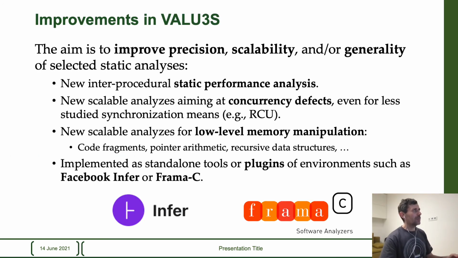What are the goals with static analysis in Values? How do we want to improve it? So our aim is to improve precision, scalability, and or generality, meaning support of more features, more bugs of selected static analysis.